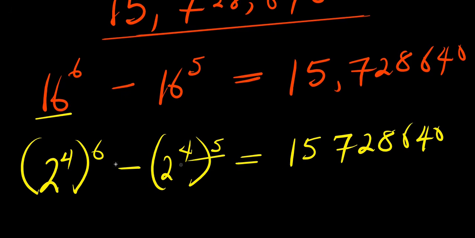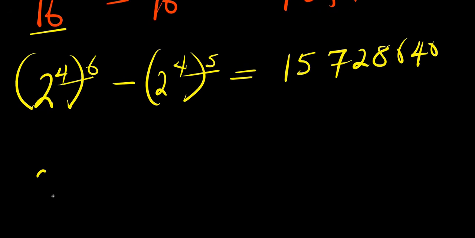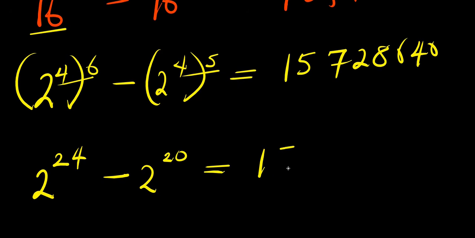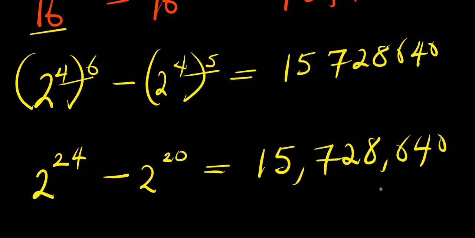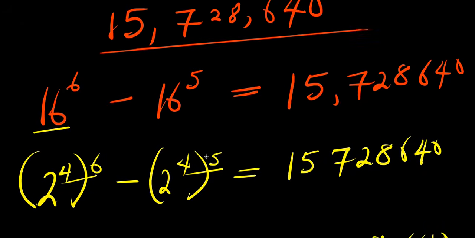And if you multiply the exponents, what you are likely to get will be 2 power 24 minus 2 power 20 equals 15,728,640.